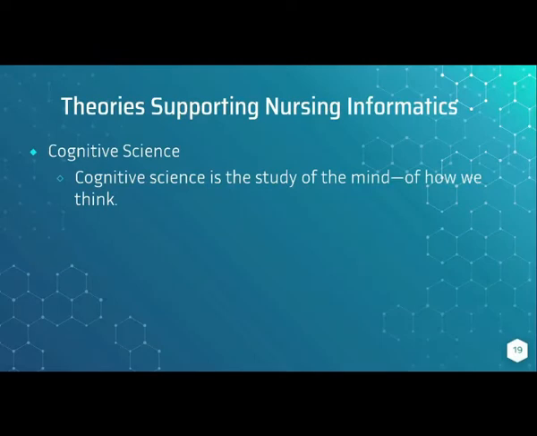Cognitive science. Cognitive science is the study of the mind, of how we think. Another way of saying this is that cognitive science looks at the mental activities and processes.